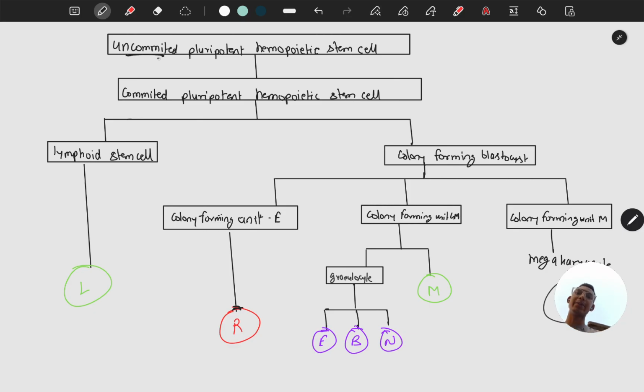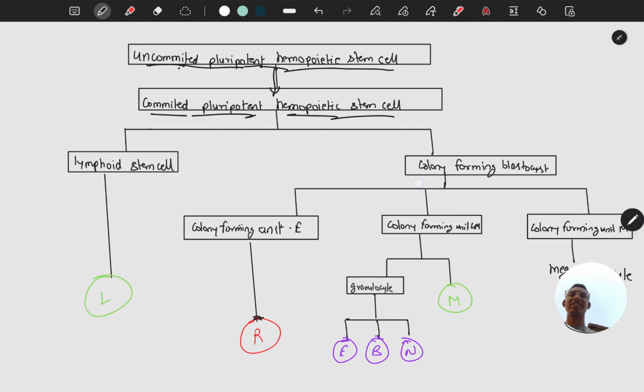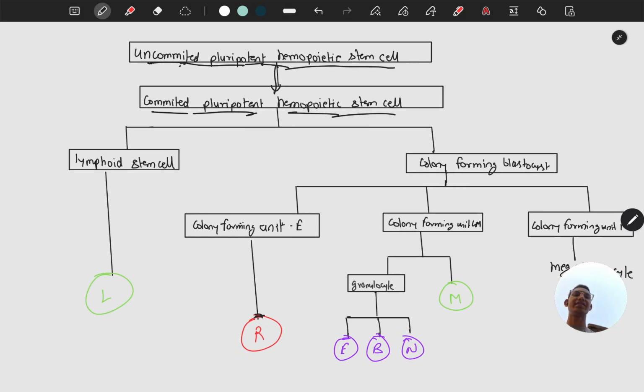First of all, we came across uncommitted pluripotent hemopoietic stem cells. Then it converts into committed pluripotent hemopoietic cells. In an uncommitted pluripotent cell, it is not decided which cell it will form. But in a committed pluripotent hemopoietic cell, it is decided which cell will be formed from this.